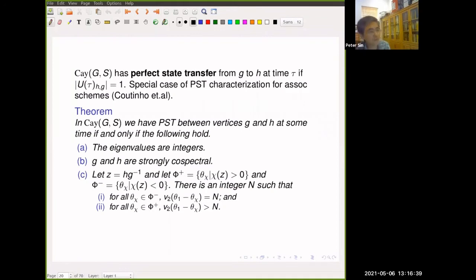Okay, so here's the theorem. We have perfect state transfer in the Cayley graph between vertices g and h at some time if and only if the following holds. First of all, the eigenvalues, those theta_chi's, have to be integers. Secondly, g and h have to be strongly cospectral.